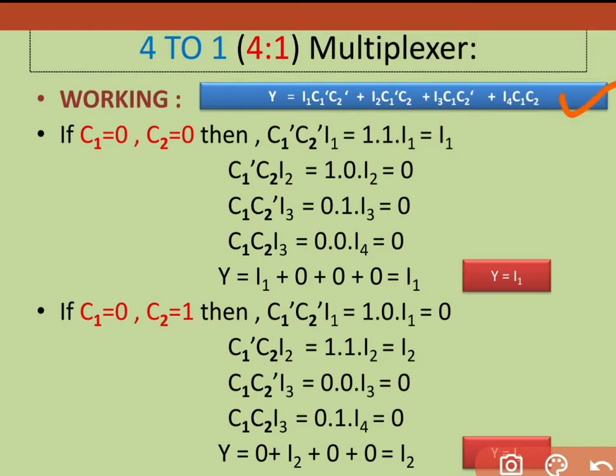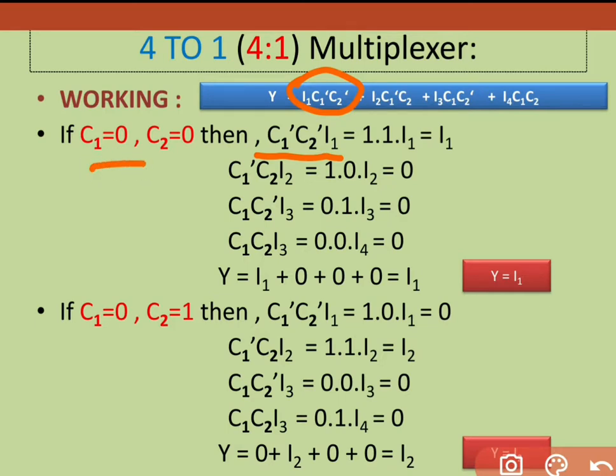We have our equation in front of us, the final equation. When our control signal was 0 0, we put the values here one by one. First we take C1 dash C2 dash with I1.